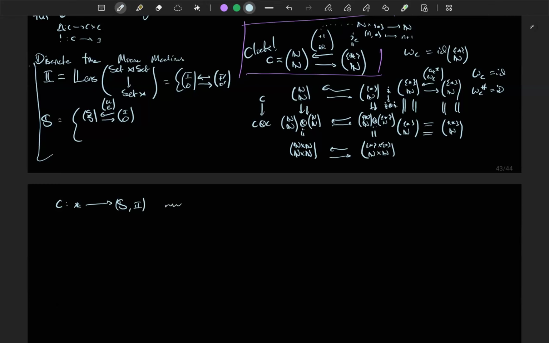But then remember what we did is we turned this into, I'm just going to start writing this as S, because I'm going to use S metonymically for the whole module. That's okay. We turn this into a discrete op fibration, a strict discrete op fibration. And then we're going to turn this into a lax functor into Omega, which again was the module.